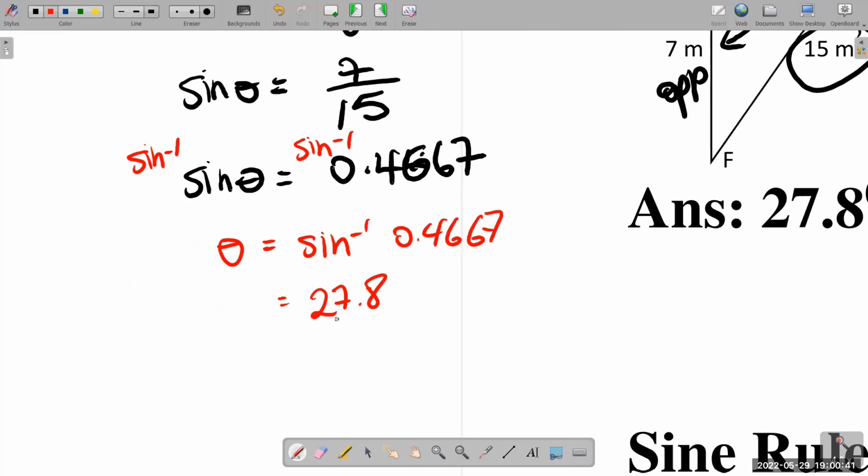Tell me what your calculator gives you exactly. If it gives you something weird, tell me what it gives you. You're finding sine inverse of that number.